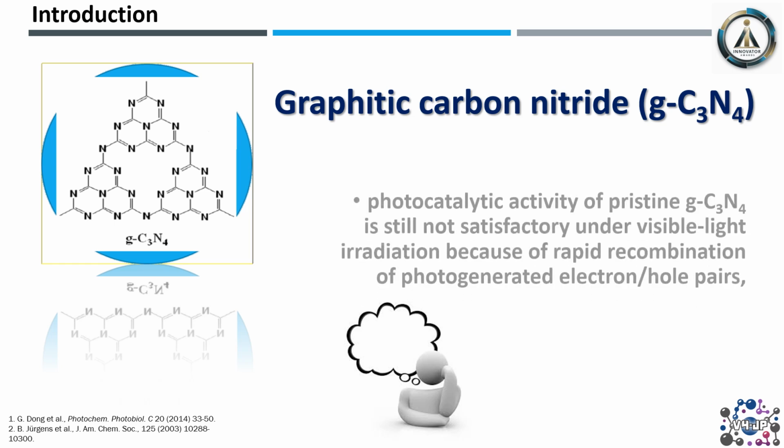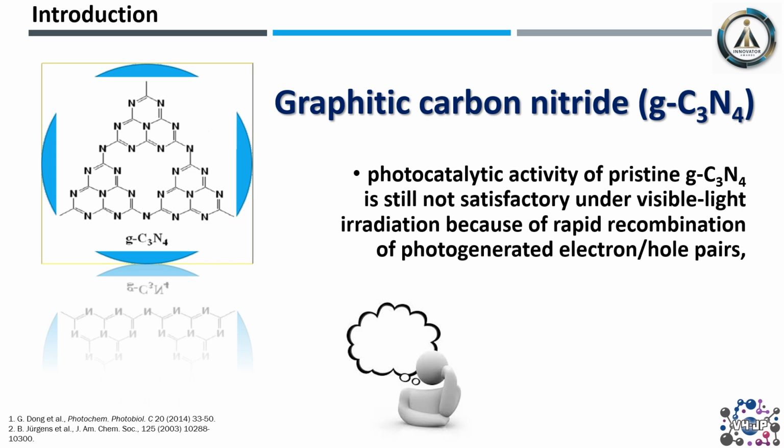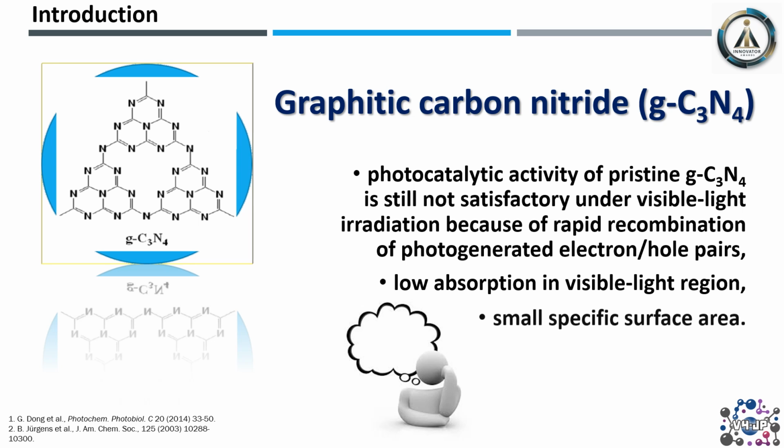Basically, the photocatalytic activity of pristine graphitic carbon nitride is still not satisfactory under visible light irradiation because of rapid recombination of photogenerated electron-hole pairs, low absorption in the visible light region, and small specific surface area.